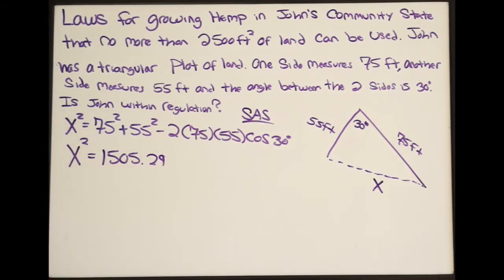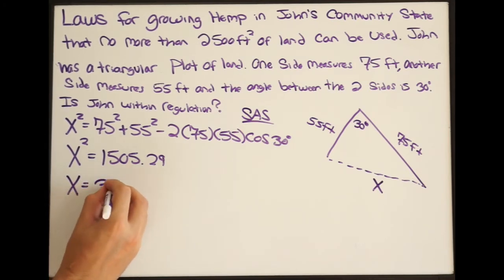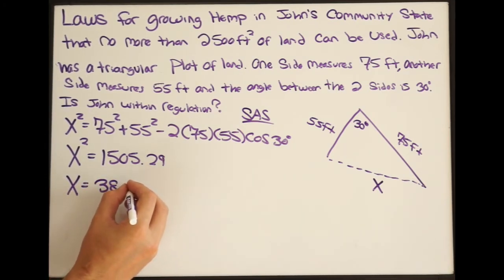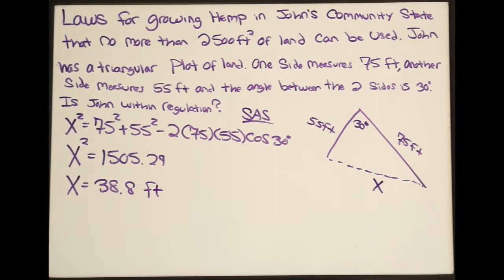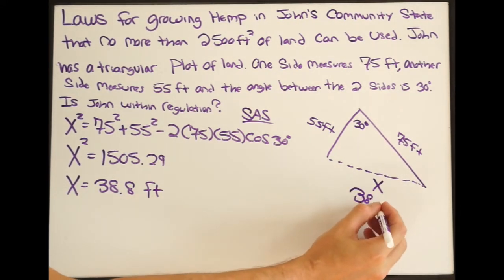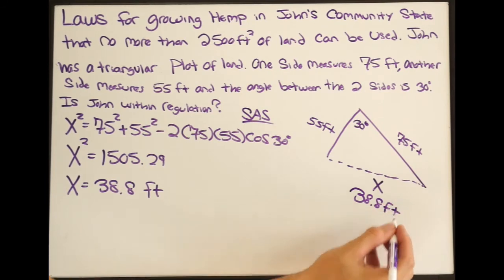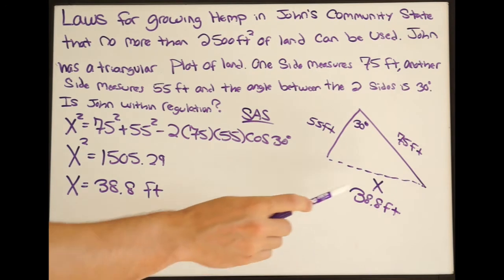Now we take the square root on both sides, and we get x is equal to 38, and we'll say 0.8, rounding again. This is going to be feet. We just found this missing side length, so we'll record that here: 38.8 feet. That was step one, using the law of cosines to find this missing side length.